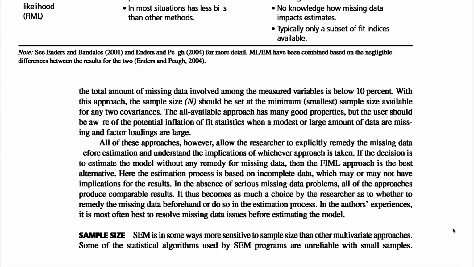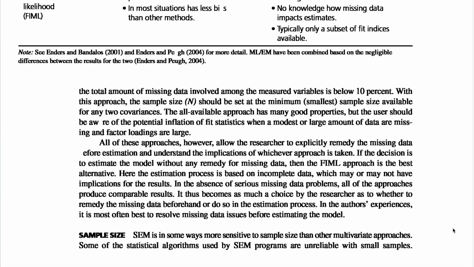If the decision is to estimate the model without any remedy for missing data, then the FIML approach is the best alternative. Here the estimation process is based on incomplete data, which may or may not have implication for the result.